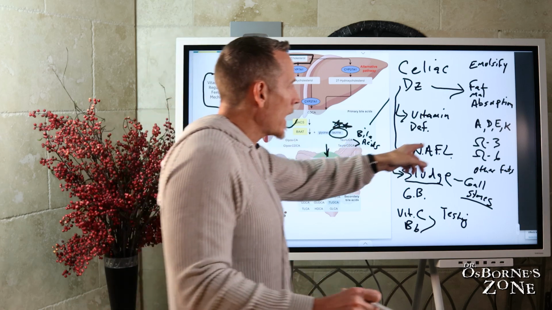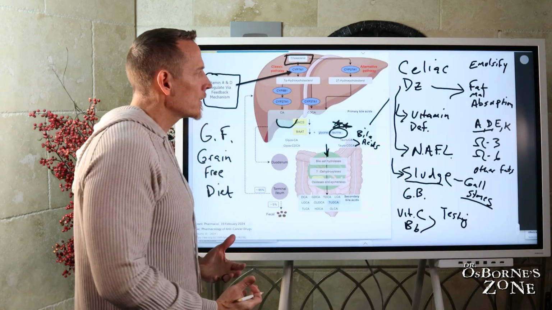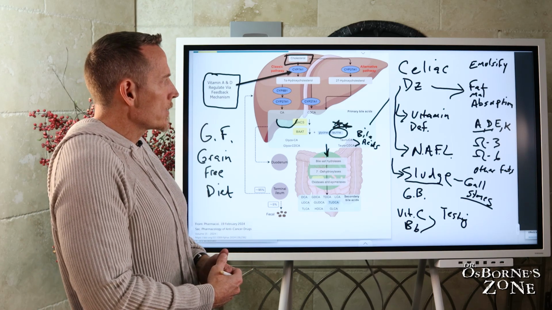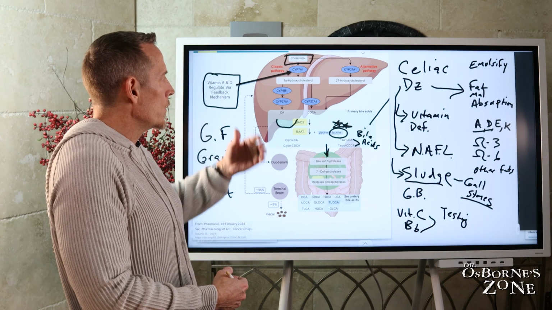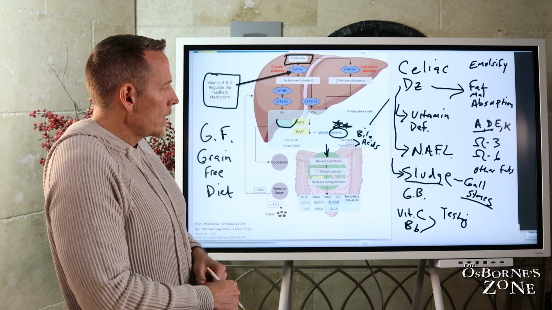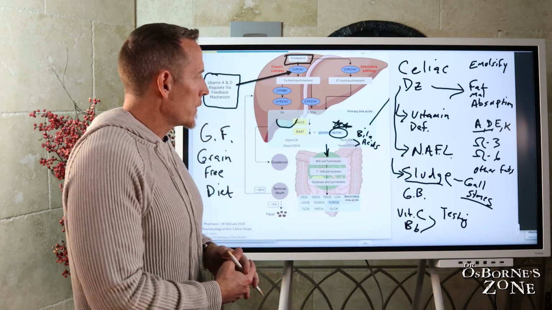Why? Because you need bile acids to absorb vitamin A and vitamin D. That's what we think scientifically: when your vitamin A and vitamin D are low, your body tries to make more bile acids to help you absorb. But if you don't have adequate taurine, and if you don't have adequate vitamin C or vitamin B6, it's going to be really hard to do.